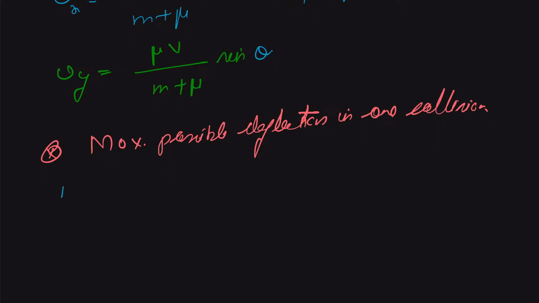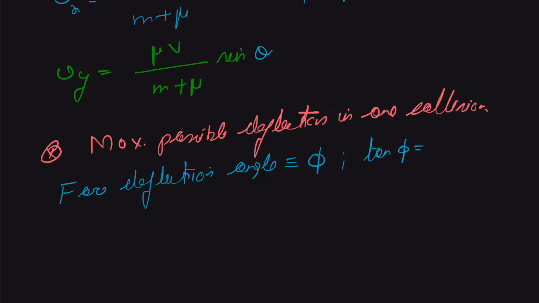You can say for deflection angle phi, we know that its tangent of phi should be the ratio of the y component and the x component.